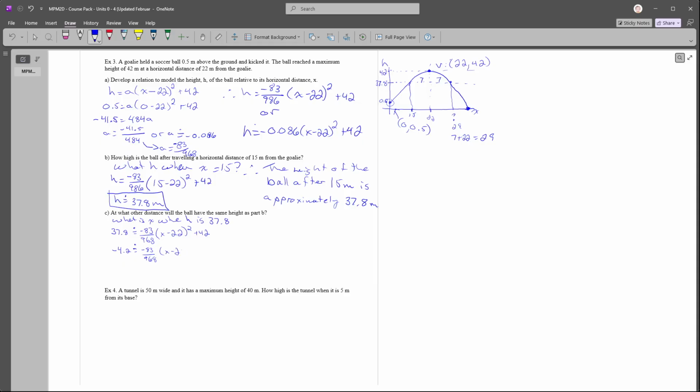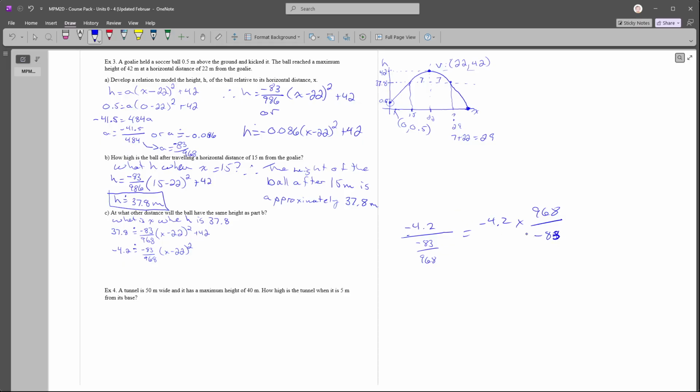Next we've got to get rid of this fraction. Since it's being multiplied here, it would be divided on the other side. That'd be the same thing as saying negative 4.2 divided by negative 83 over 968, which is negative 4.2 multiplied by 968 over negative 83.